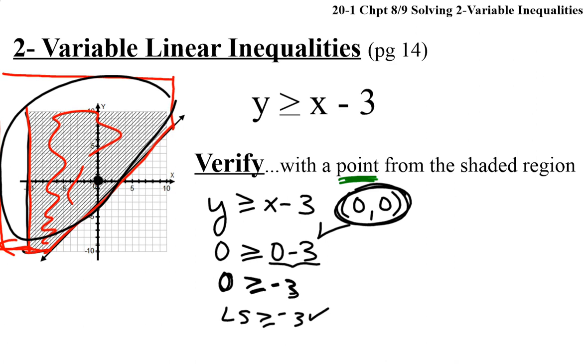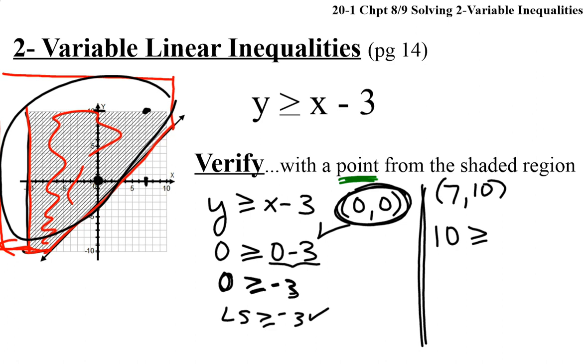Let's pick another point, 7, 10. 7, 10 is in the shaded region, so it should also work. If I check with 7, 10, y is 10, and that should be greater than or equal to x, which we're calling 7, minus 3.